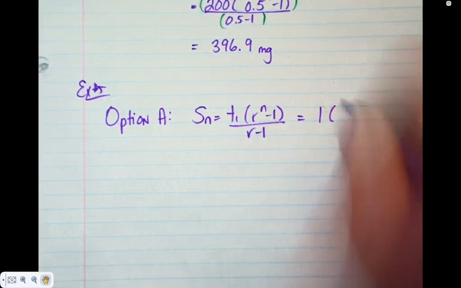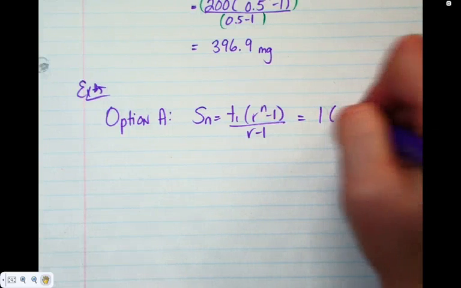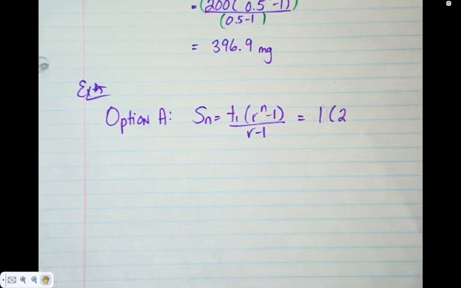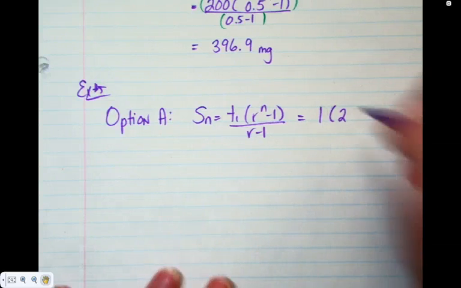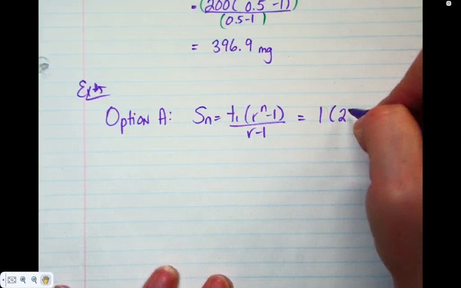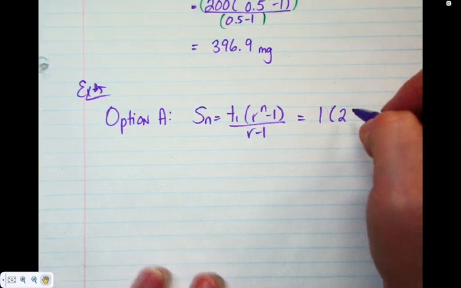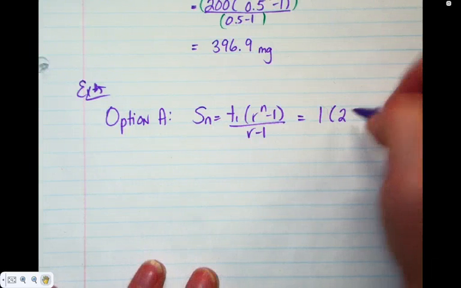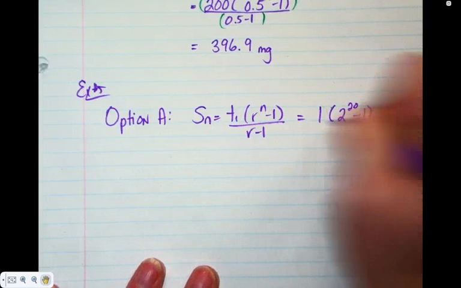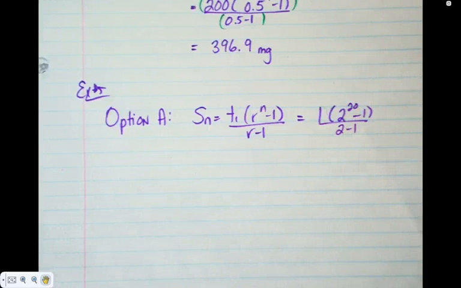Do we have r? Why is it 2? Because it's doubling. Do we have n? That's not the n I would like to use. 20, because they're paying you for 20 years. Because it's 1 year, and then next year, and so there's 20 years you're getting payments.